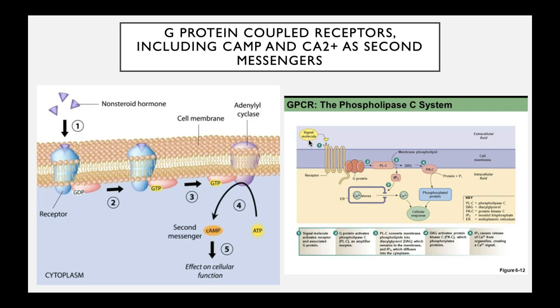When inactive, the alpha subunit will bind to the GDP so that the G protein is dormant. When the receptor has a secondary change in shape, the G protein decreases its affinity for GDP and increases its affinity for GTP, and then the G protein will let go of the GDP and bind GTP, making the protein active.